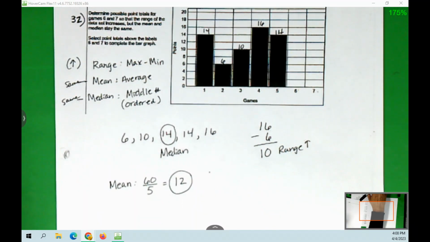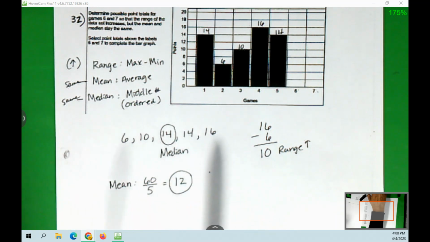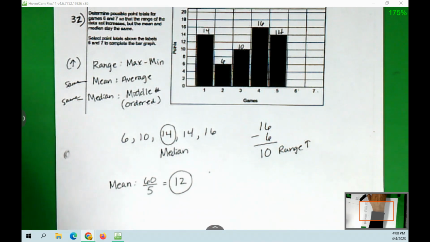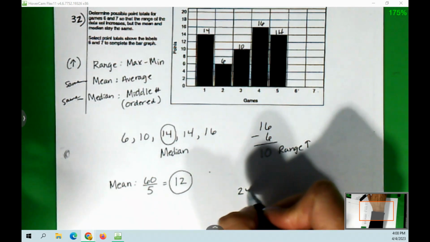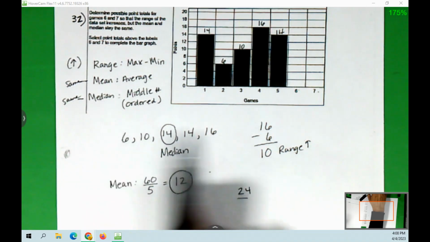But we also need those 2 numbers to have an average of 12. So when you add them and divide by 2, you need to get 12. So you need 2 numbers that add up to 24, but that have a bigger range.